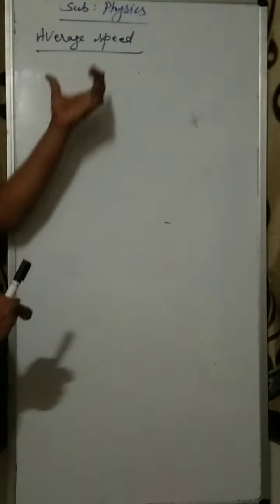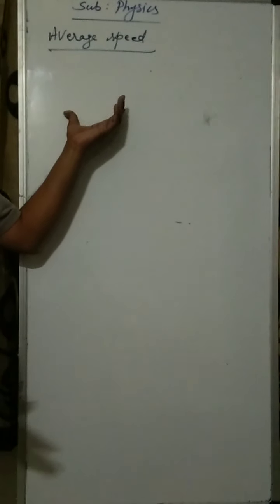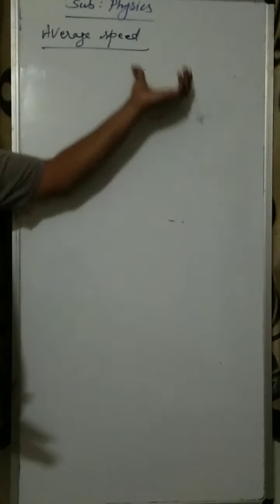So we use the average speed. Average speed means in a particular time how much distance is covered. So total distance upon total time, that is the average speed. We say the bus speed is 60 km per hour. 60 km per hour means it never runs at 60 km per hour throughout. It sometimes runs at 80 km per hour and sometimes at 30 or 40 km per hour.